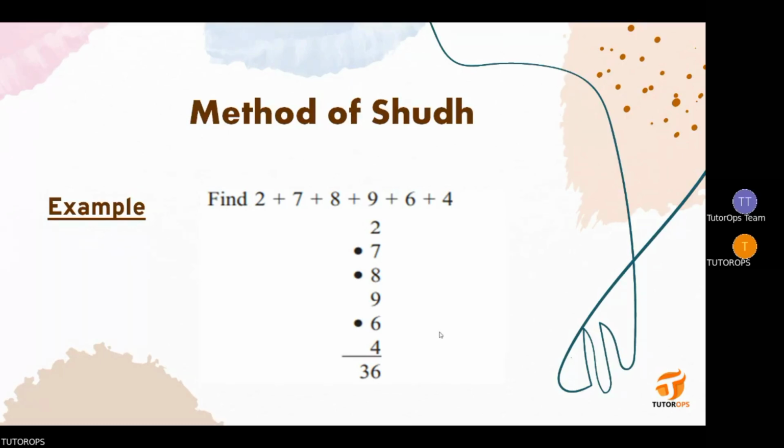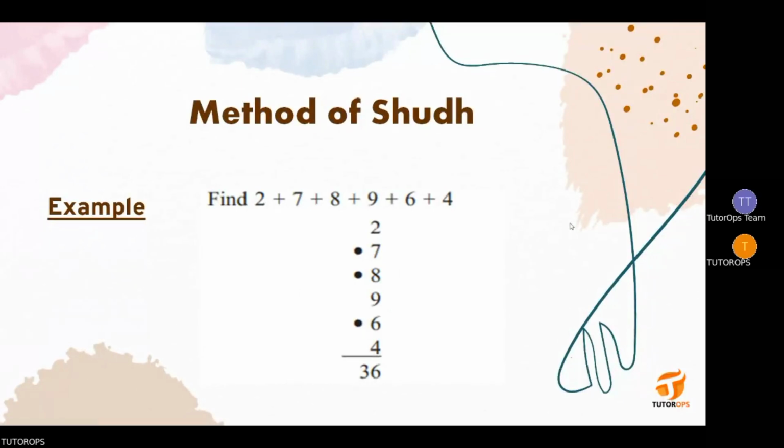So basically the dot means 10, the number of counts in the tens place. So finally we are getting 3 dots. 3 dots means 3 times 10, 30, and the digit in the units place is 6. So 30 plus 6 will be 36.